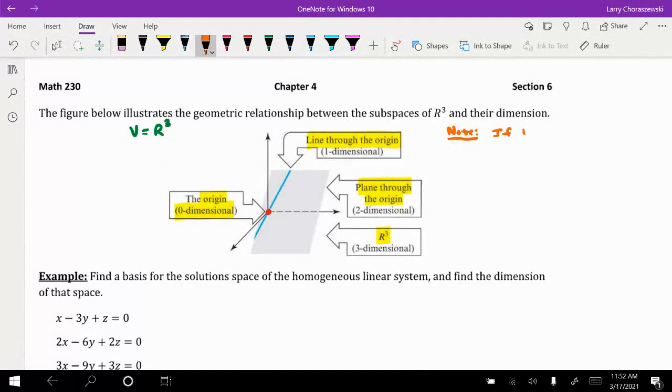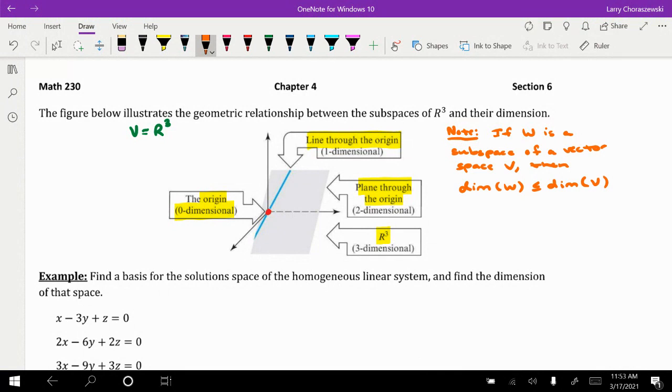Let's say if W is a subspace of a vector space V, then the dimension of that subspace, the dimension of W, will always be less than or equal to the dimension of the entire vector space, the dimension of V. All right, so I'm going to label each one of these subspaces.